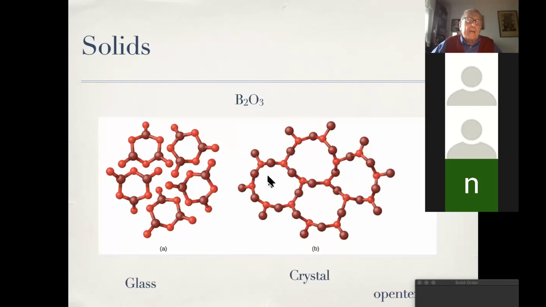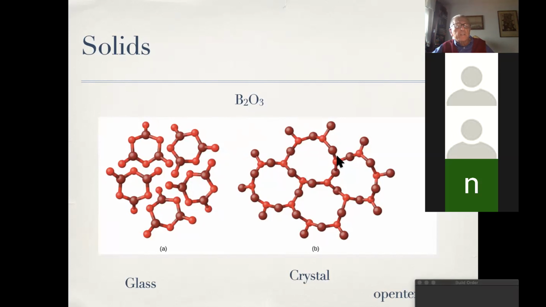This is another example of a difference between solids like glasses and crystals. This is the same physical system, barium oxide, which can form a glass, and in a glass this is a molecular construction, or form a crystal. And as you see, that's the difference.